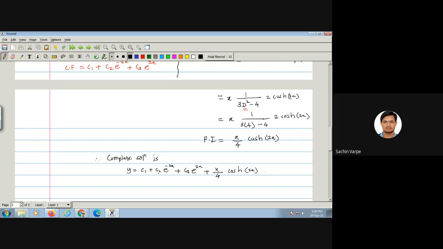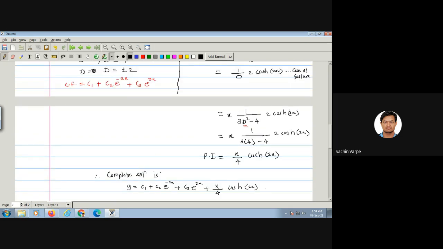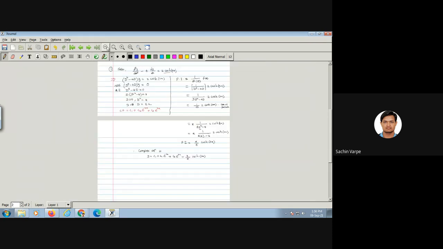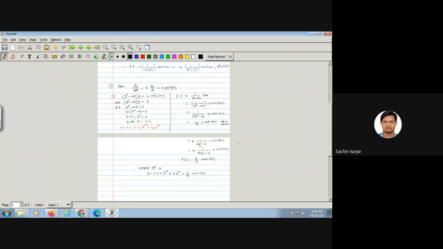Clear to everyone? You can see the whole solution. Please ask if any doubt.